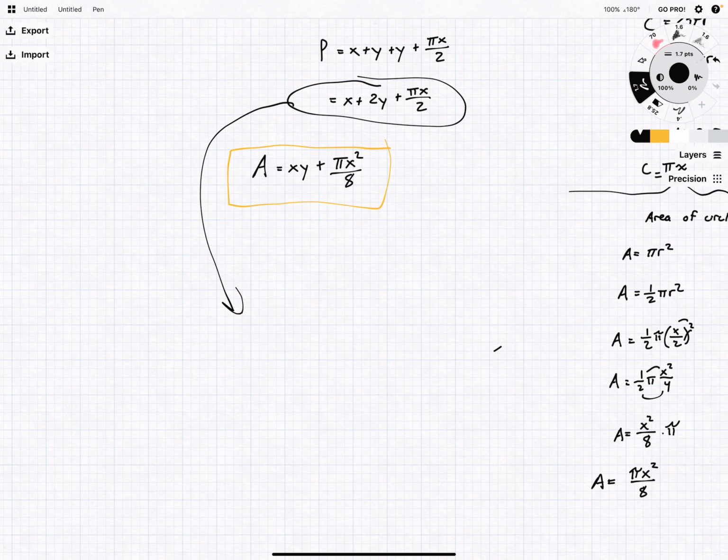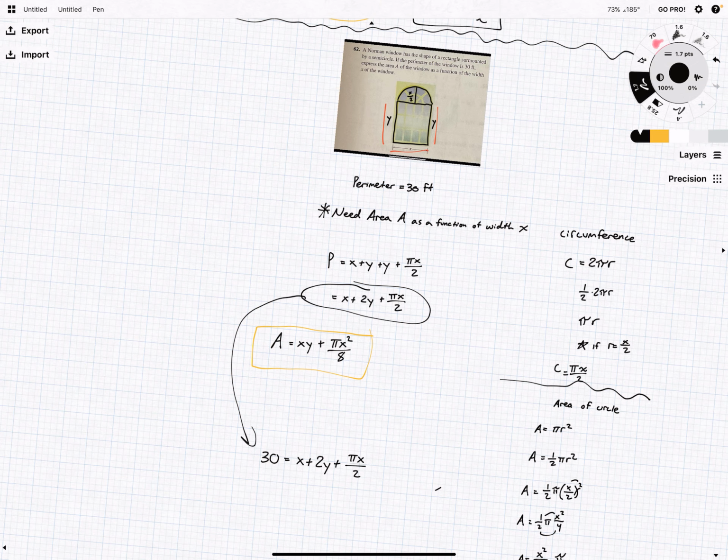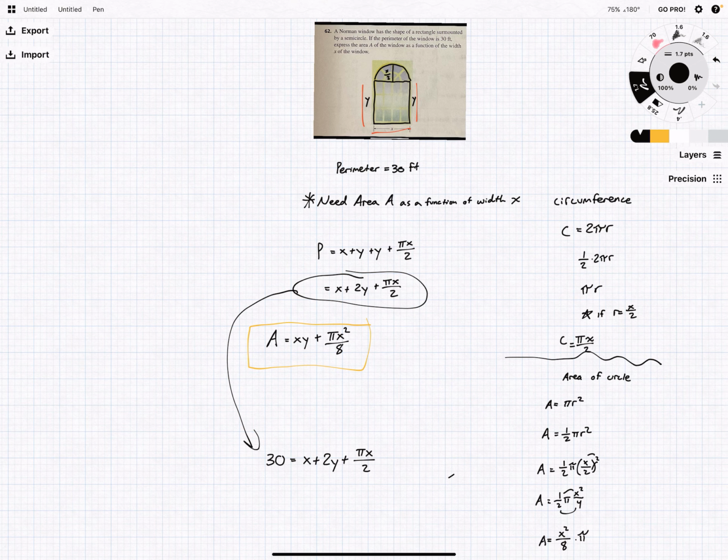Yes, okay. So it tells us that 30 is equal to x plus 2y plus pi x over 2. And they want this in terms of x. So that means we need to get y all by itself, so we could substitute it into another equation.